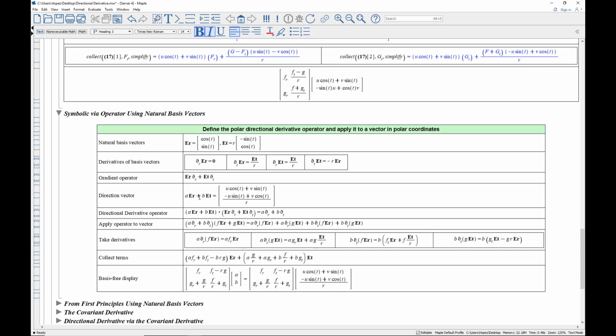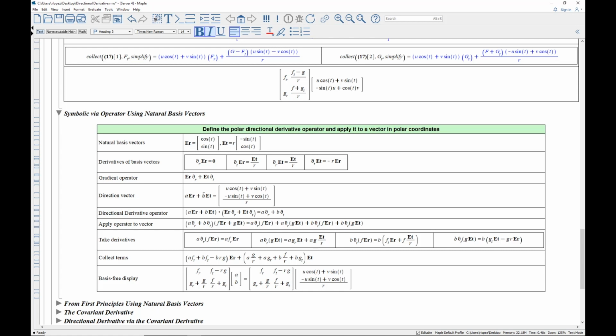Now let's take a look at the direction vector. Let's use a and b as the components with respect to er and e theta, natural. Now, if you check how u v in Cartesian coordinates maps over to polar coordinates using the natural basis vectors, there is a factor in the second component divided by r.